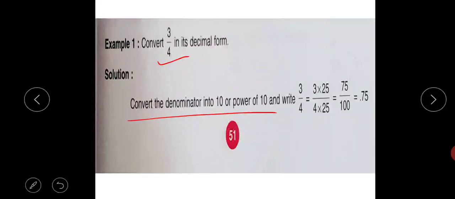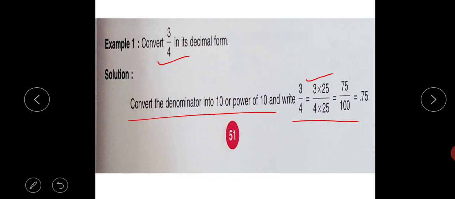So 3 upon 4 is equivalent to, when we multiply numerator and denominator by 25, we get 75 upon 100. And you know how we convert a rational number into an equivalent rational number. You have already done this concept in chapter 1.